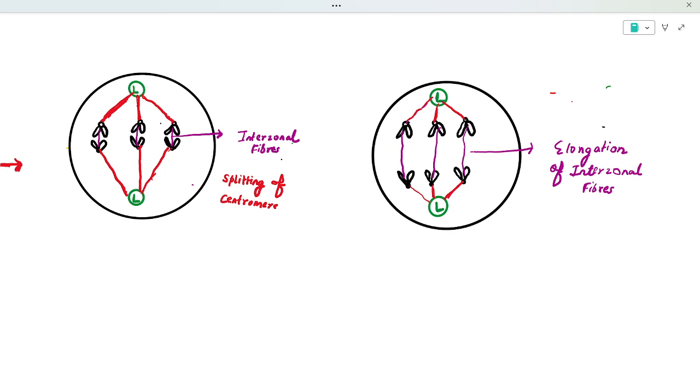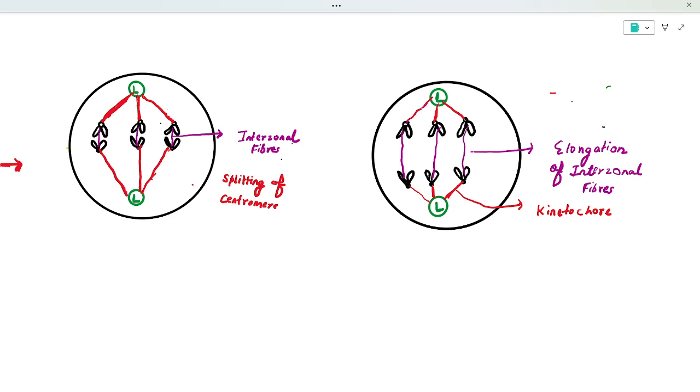Here interzonal fibers were short, but here interzonal fibers get elongated. Here discontinuous fibers were long, whereas here these discontinuous fibers, or the kinetochore fibers, become shortened.